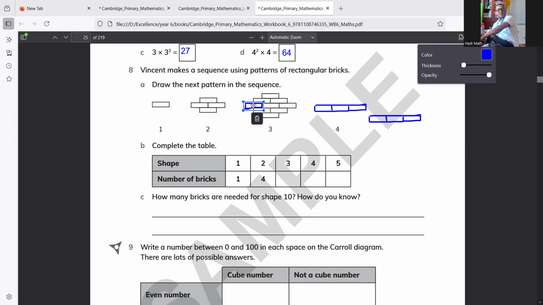I take this one and put it next to this one, because I said I need 4. So now I have 4. Then I draw 3 up here and 3 down here, because this is the same sequence. Now I need to have 2 and 1. Let's have 2. I draw this 2 here, this way.